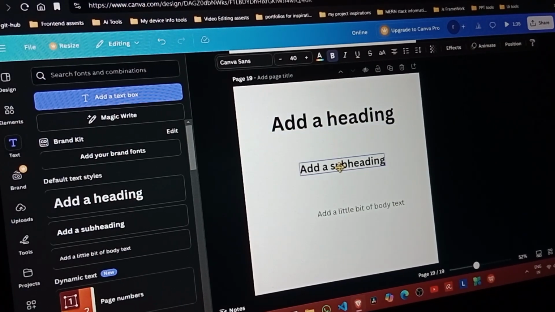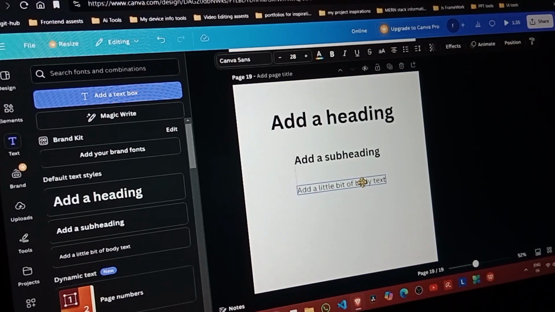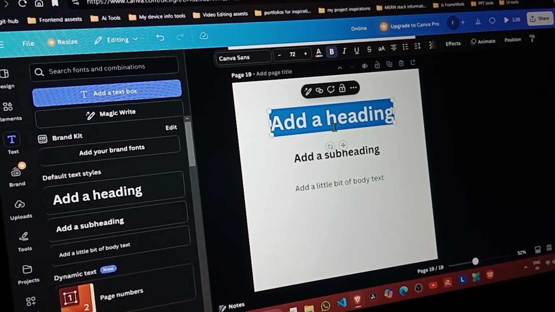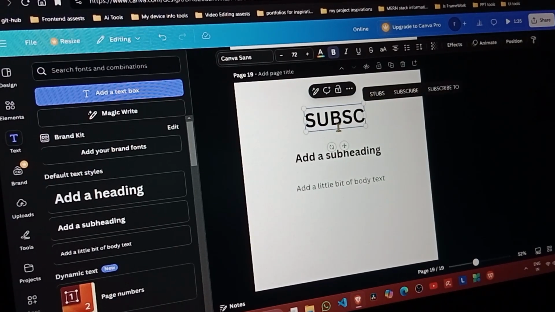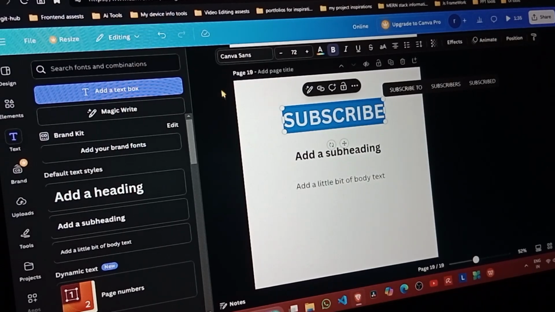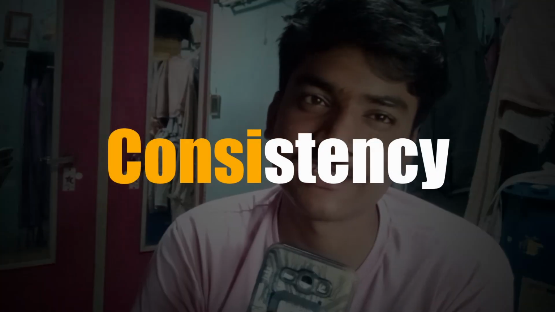The heading is at the top, subheading is just below it or in the middle, and body text is below the subheading or at the bottom. And the size of the text also varies as it goes from top to bottom. The heading has a big size, the subheading is a bit smaller than that, and the body text is the smallest, which creates a visual hierarchy and guides the audience correctly. That is hierarchy.